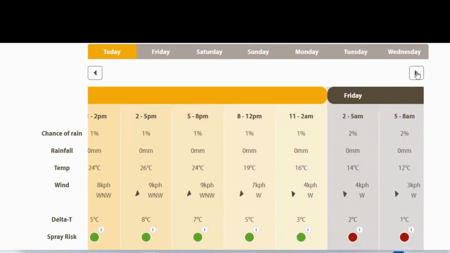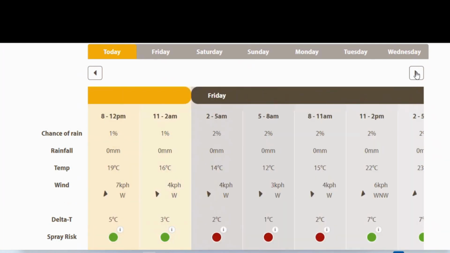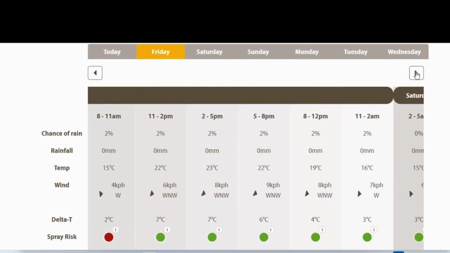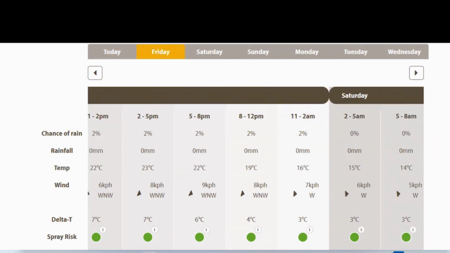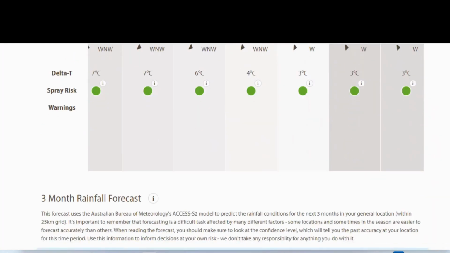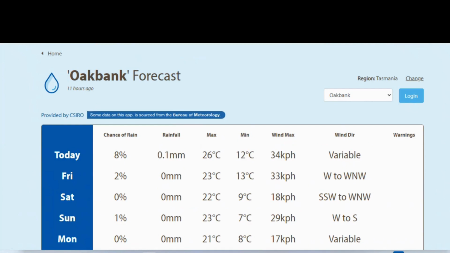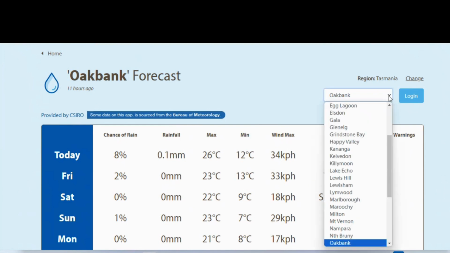So if I just keep scrolling through, again, chance of rain, rainfall, temperature, wind, some delta T, some spray risk data over the next 7 days in 3-hour pieces. Similar information as you get from the Met-I side of BOM, but the producers wanted it on one site. So that's why it's there now.